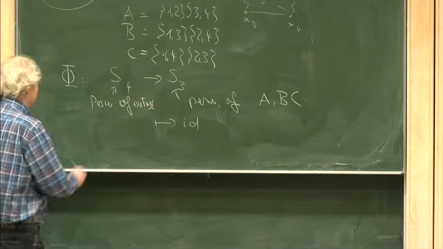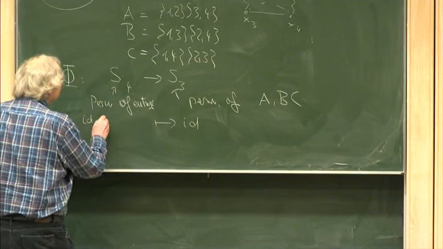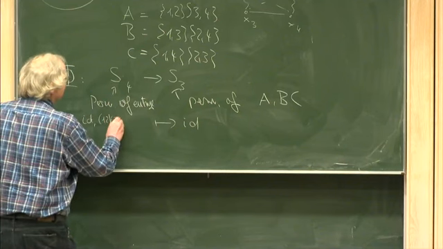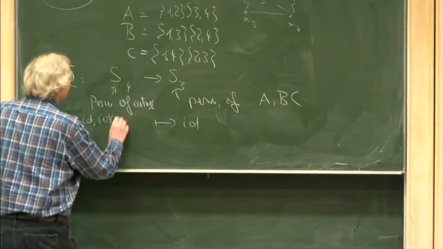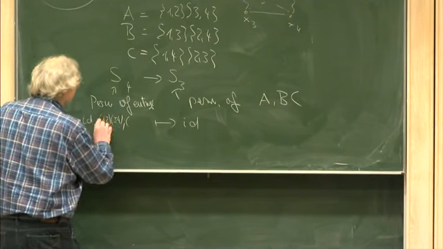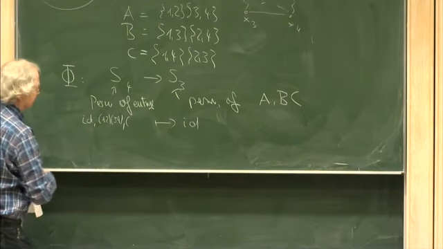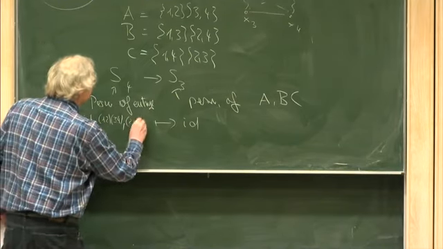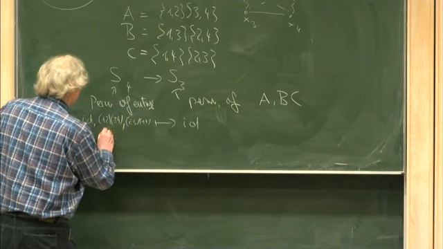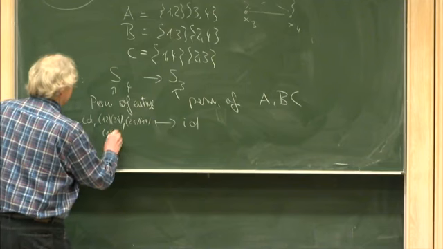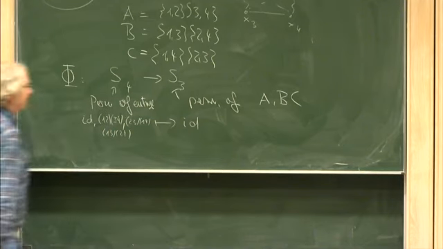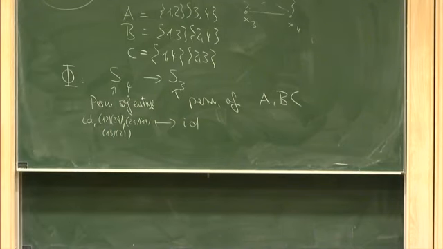For example, the kernel consists of the permutations 1, 2, 3, 4, and 2, 1, 4, 3, and 1, 3, 2, 4 type permutations, which go to the identity.